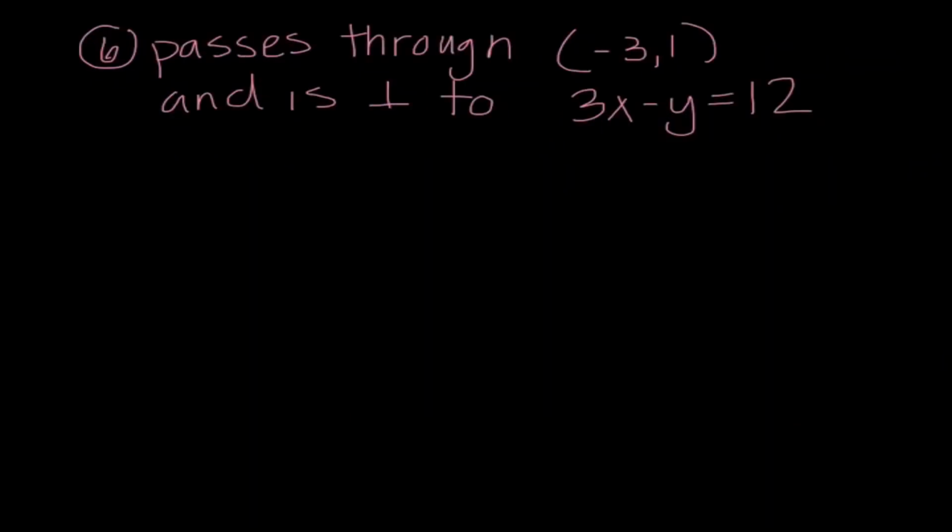Okay, so I'm going to go through one more parallel perpendicular, and in this case, it is just perpendicular, and what makes this one a little bit different is that our original equation is not in slope-intercept form. So in order to find the slope, there are 2 things we can do. I can either isolate y and get it into slope-intercept form, or we can remember that in standard form, the slope is the opposite of a over b.